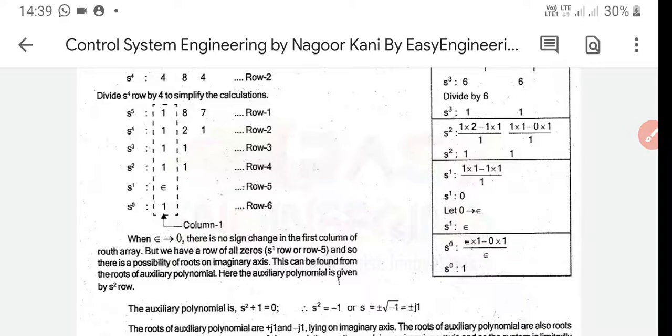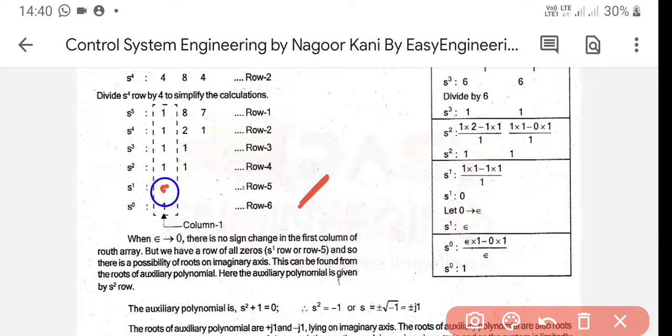So what is the auxiliary polynomial? You have to find how many roots are lying on the imaginary axis now. Is it okay, all of you? First of all, you are finding the process of a single element, that is 0. You got the 0, so you are replacing it with epsilon, and once again you are replacing the epsilon with a 0, up to that case 3.